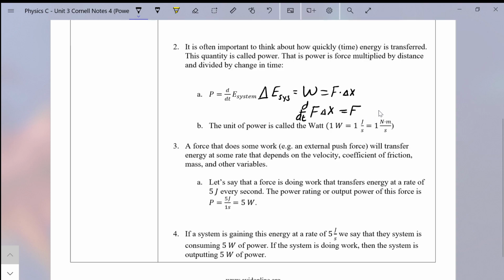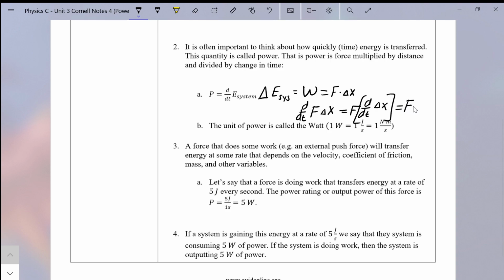That is one thing that we can't really do: calculate power for varying forces, not with the mathematics that we have currently available to us. Eventually we will be able to do that, but at this time we cannot. So force is a constant, and it comes outside of the derivative, and that just leaves us with d/dt of delta x. And maybe you can remember, this derivative of a position is our velocity.